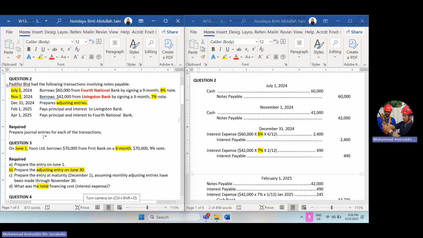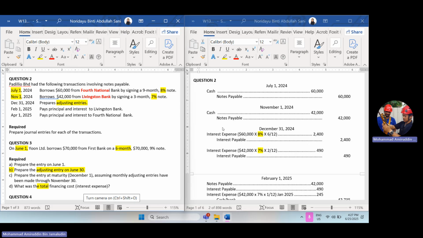So here we assume we prepare journal entries for each transaction at end of year, from 1st July until 31st December 2024: July, August, September, October, November, December. 6 months, so 6/12. You don't multiply 8% over 9 only. This is the annual rate. Just take it as it is. Then you apportion accordingly to the months charged and according to the question settings.